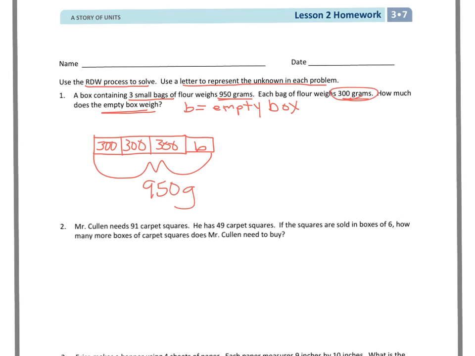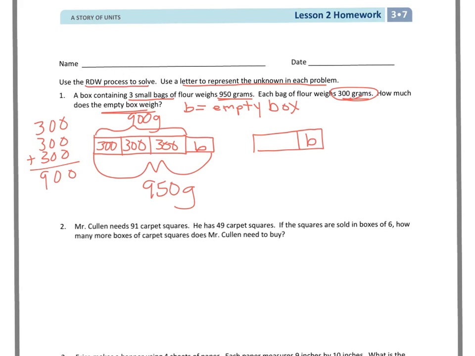So now I want to combine these 3 to get me a total. And I know I can show that through addition, or I could even do a multiplication problem because there's 3 300s. So it's going to end up with 900 grams. And now I'm just going to draw another tape diagram to help me out with this.